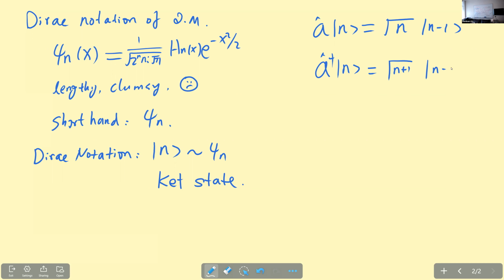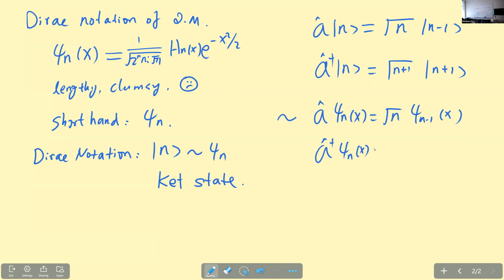The result is this one, right? So if we translate this into the original representation, you can say that a acting on psi m of x equals square root of m times psi m minus 1 of x. It's the same, right? Or a dagger on psi m equals square root of m plus 1 times psi m plus 1 of x.